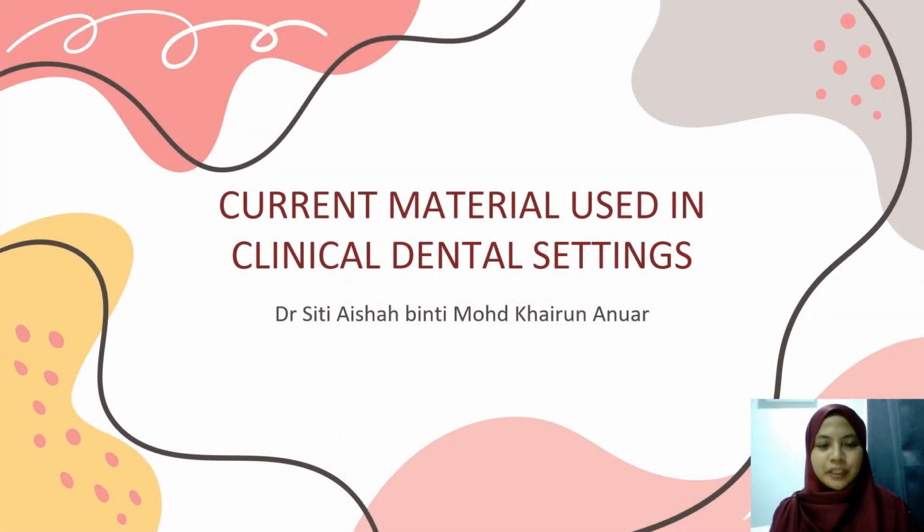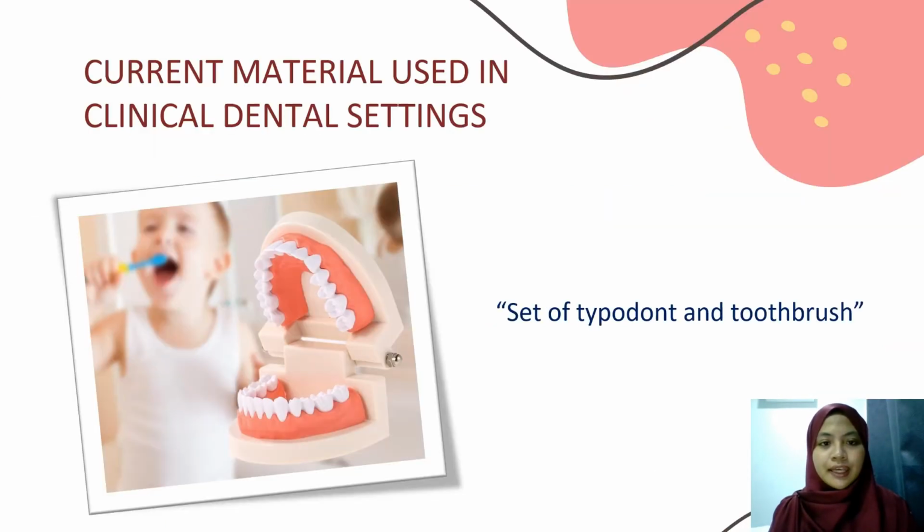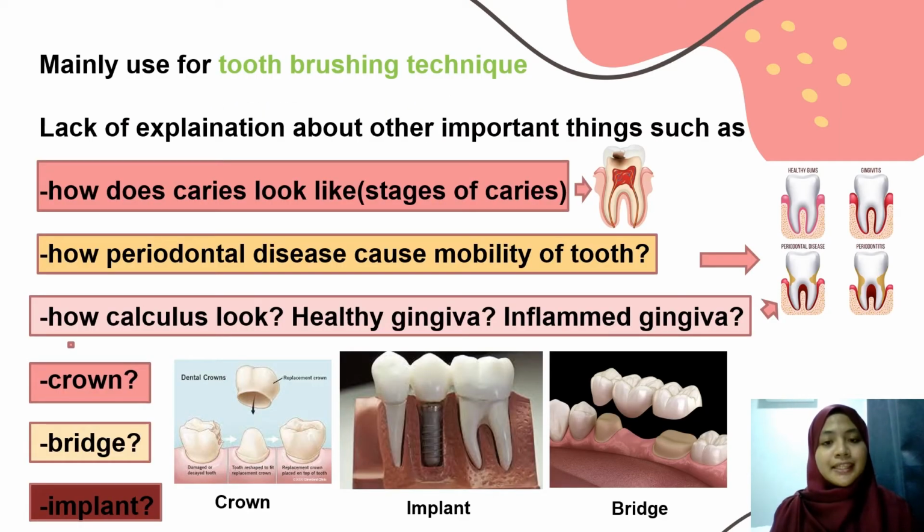Okay, Bismillahirrahmanirrahim. So now let us continue with our next content, which is the current material used in the clinical dental setting, by me, Dr. Aisha. Currently in our clinical setting, especially in the government setting, we are only provided with a typodont and a set of toothbrushes, which is only used for toothbrushing technique.